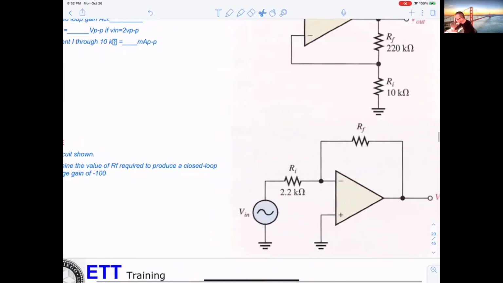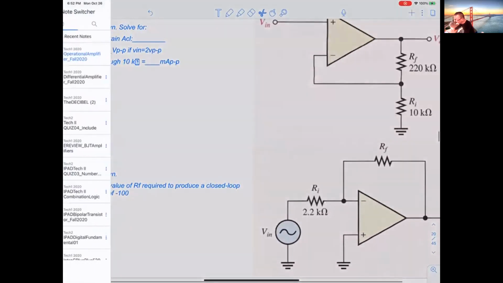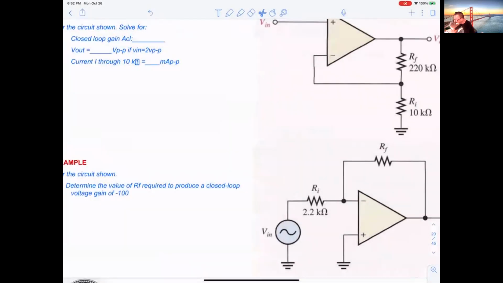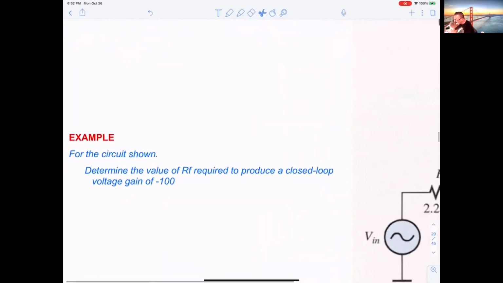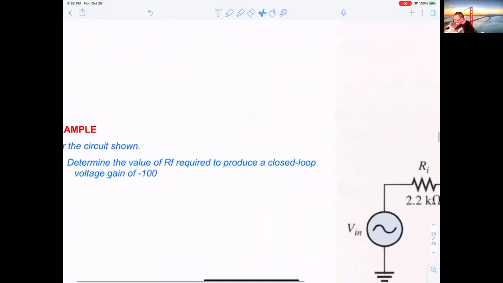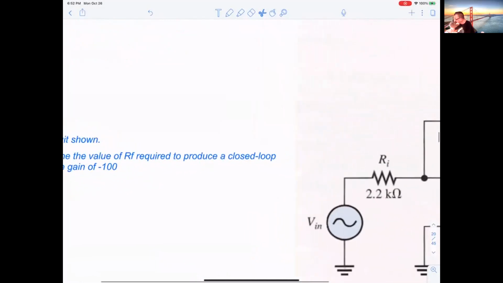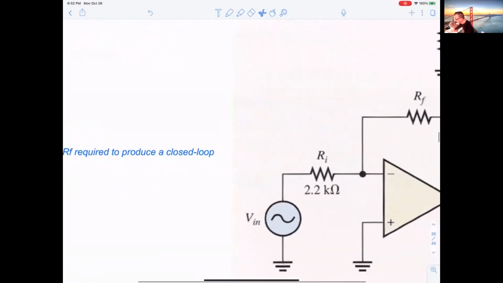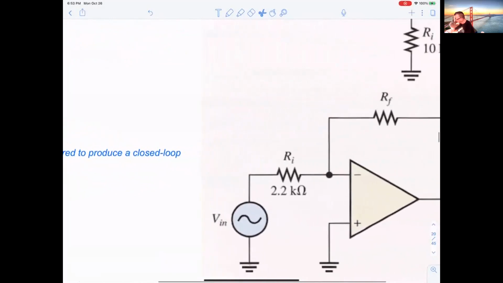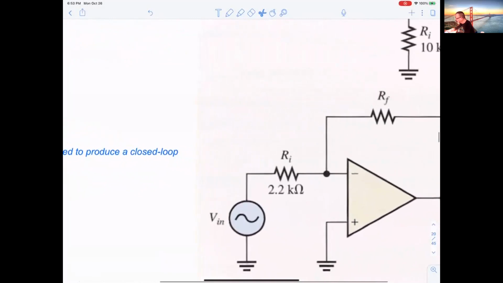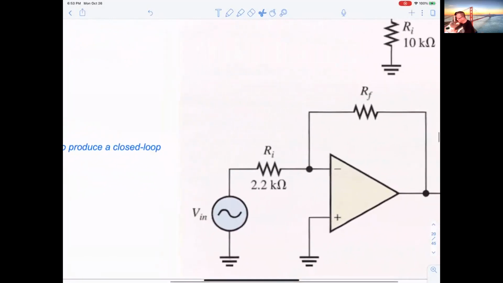They gave you the gain of minus 100. They gave you 2.2K for the R input, and they want to know what RF is. Okay, so that's it. We'll be seeing you guys tomorrow.